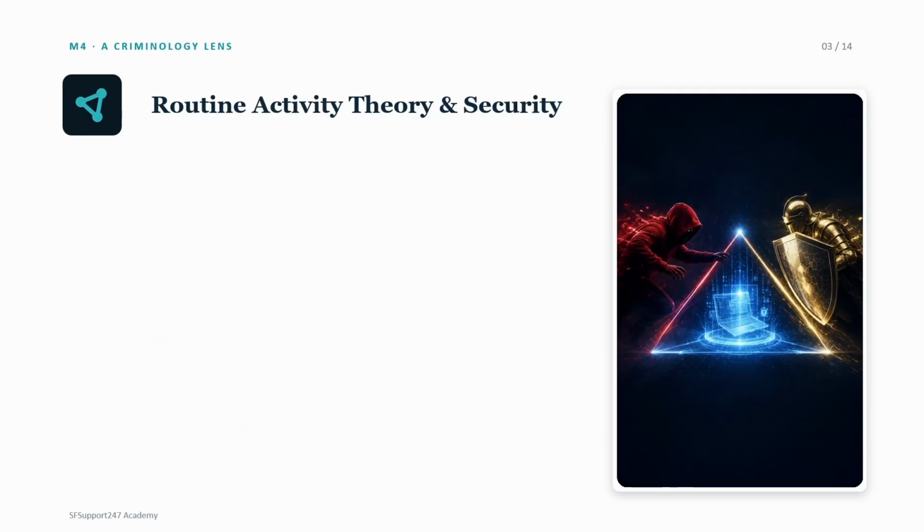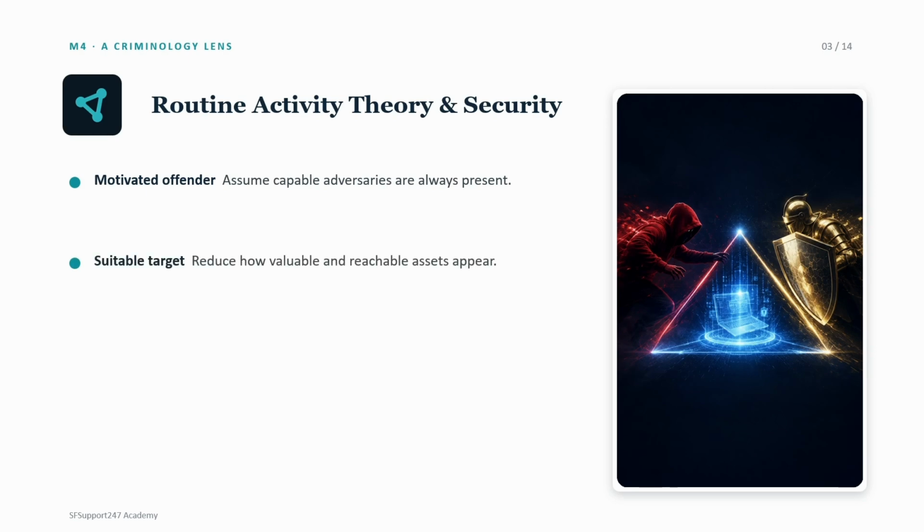Routine activity theory, that we just learned in Module 3. Here we see how we can protect from it. Assume capable adversaries are always present. Reduce how valuable and reachable an asset appears. Controls and monitors supply the missing guardians.